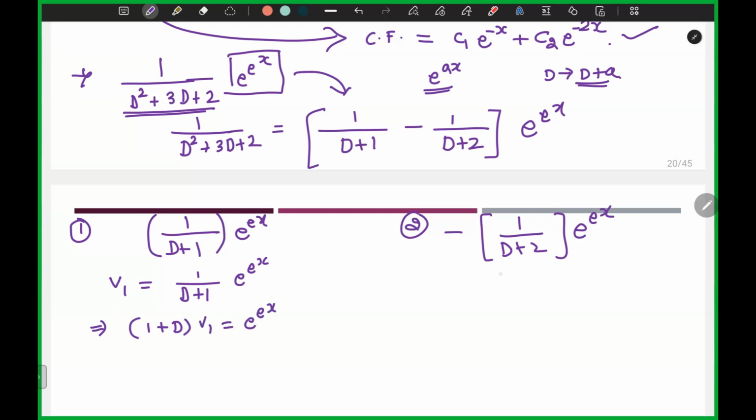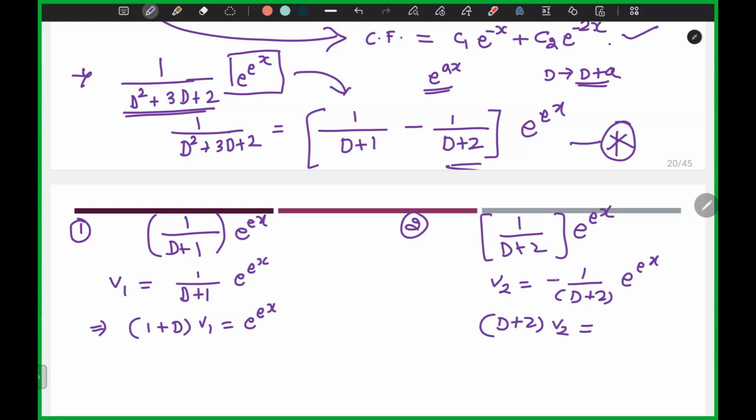And here, taking this as v2, you can forget the minus sign for now and use it directly after solving this part. So this is D plus 2 v2 equals e to the power x.